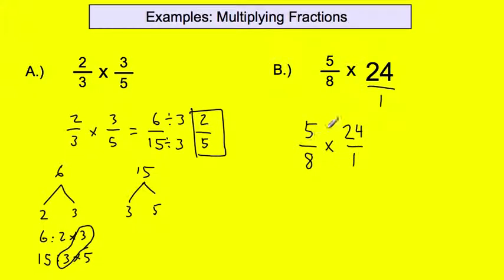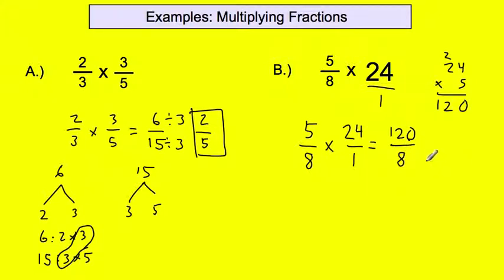And now it's 5 times 24. And if you can't do that in your head, where should you do it? Off to the side somewhere. 24 times 5. 5 times 2 is 10 plus 2. So it's 120. Oops, I wrote 128. It should be 120 over 8.